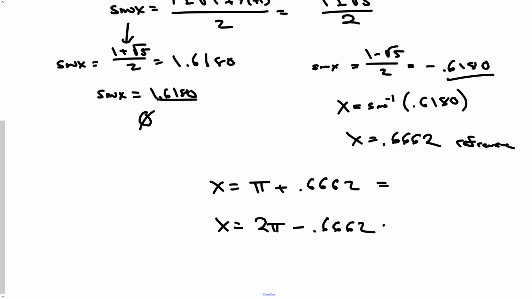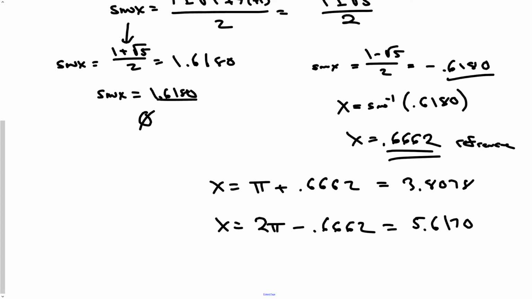And when we calculate both of these, we get that this is 3.8078 and that this one is 5.6170. The way we're able to come up with that is by knowing the reference angle and remembering how reference angles work.